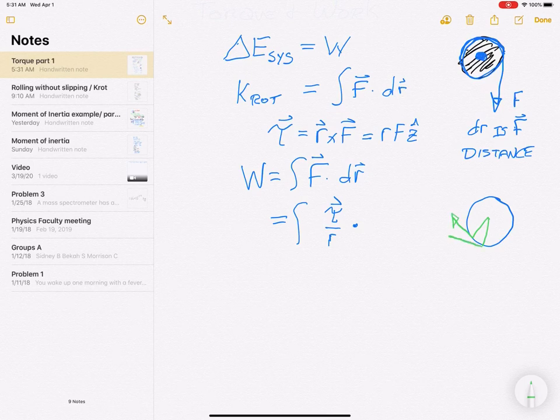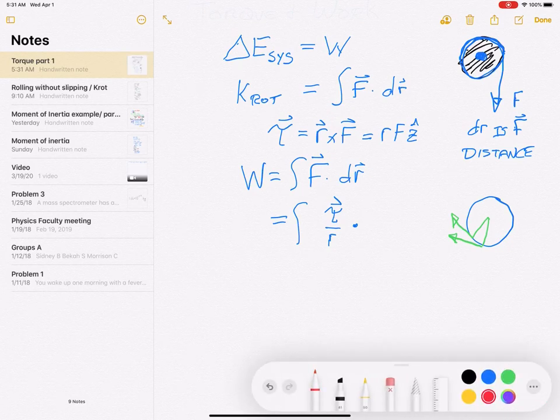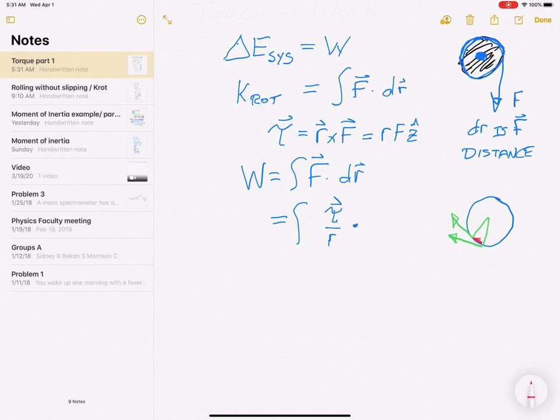So it does this. Same force, different locations. And most importantly is this piece of the puzzle right here, because this is delta x. This is how far the force has to travel.